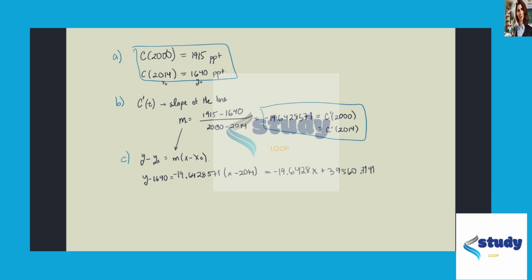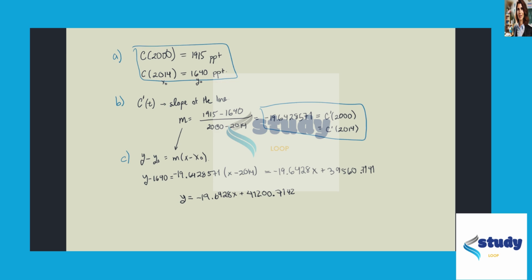And then, if we rewrite this, we obtain y equals minus 19.6428 times x plus 41,200.7142.